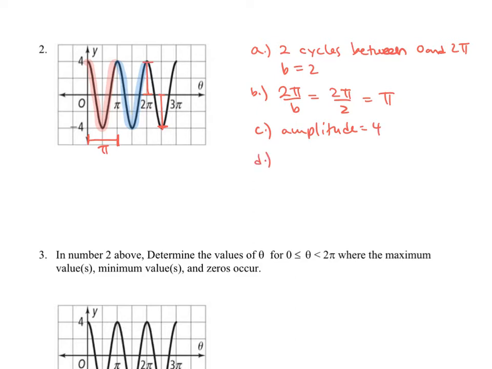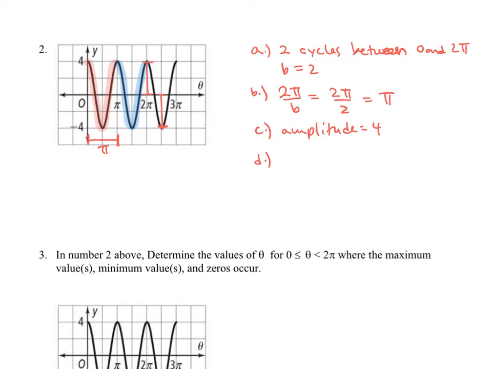And then part D, write the equation. So this time, if we look at the y-intercept, it's not going through the origin, it's up 4 units. So that means we're dealing with a cosine graph because the y-intercept is up at one of the maximum points.